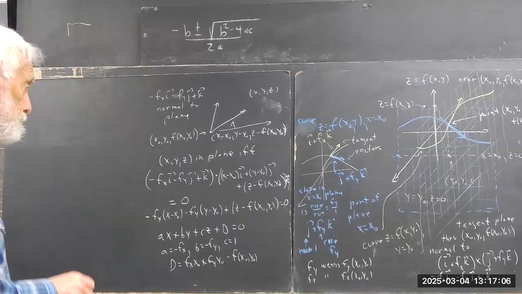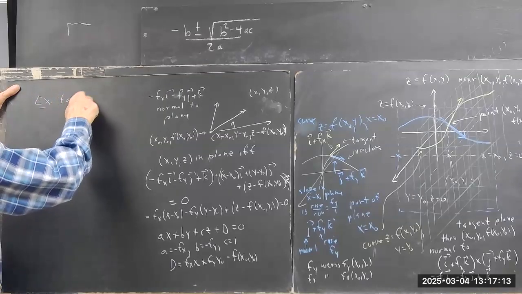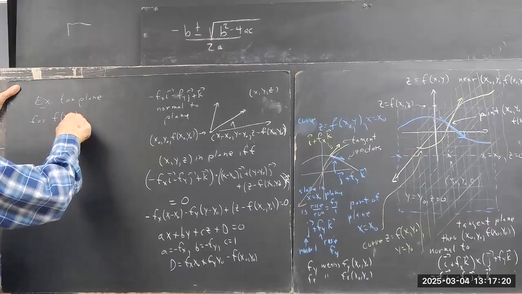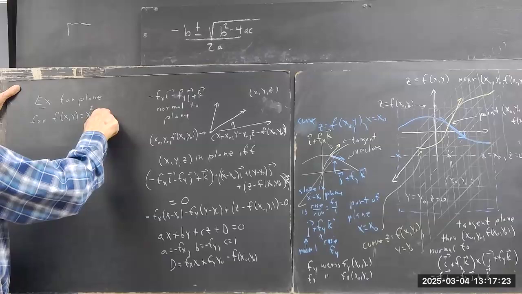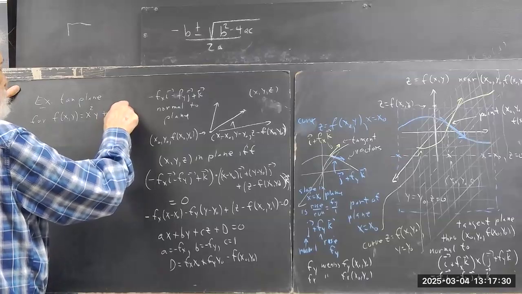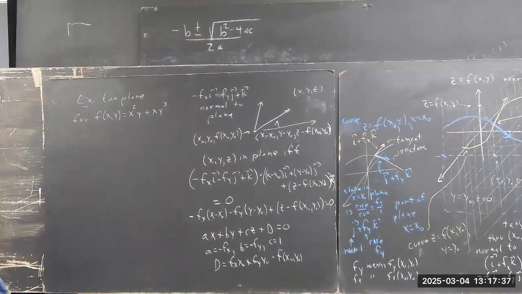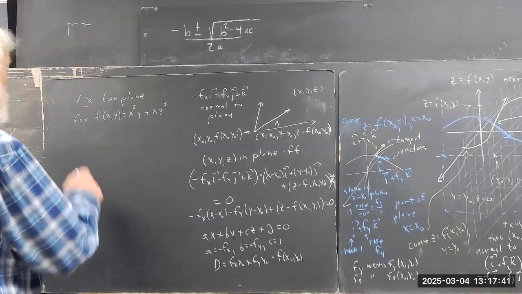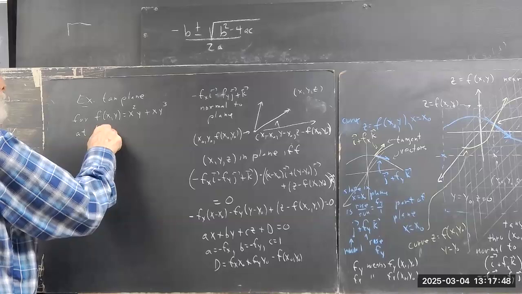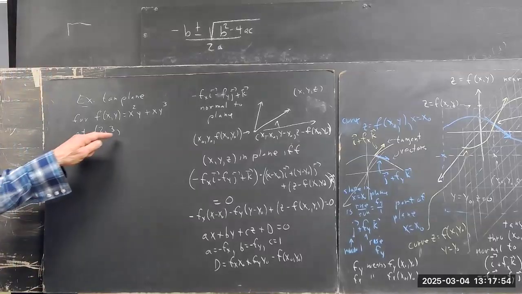So for an example, say you've got this relatively simple function, f of x, y, at the point 2, 3. And what's f of 2, 3?